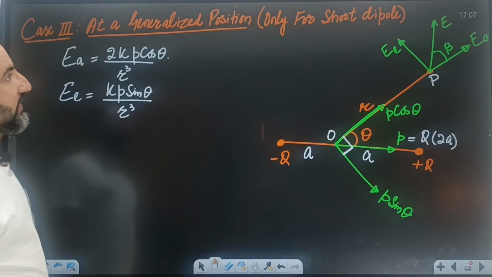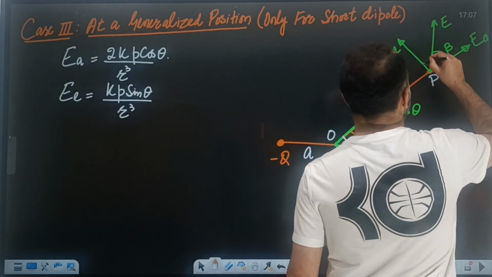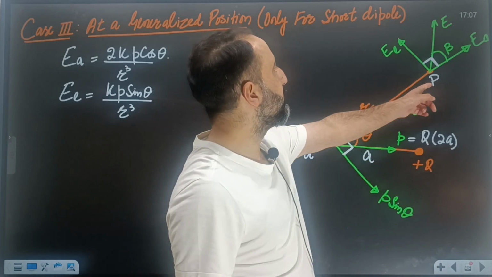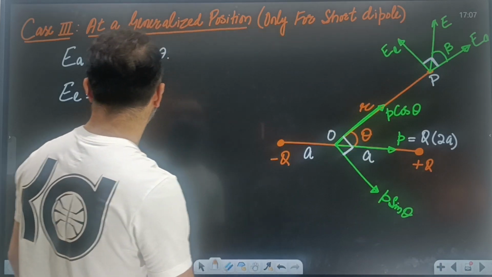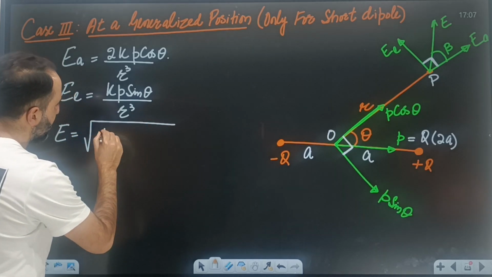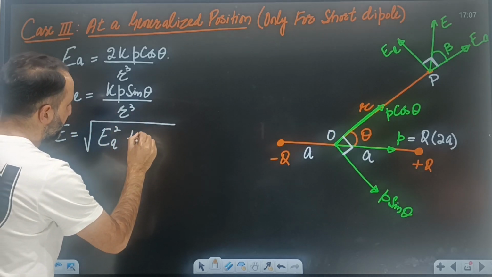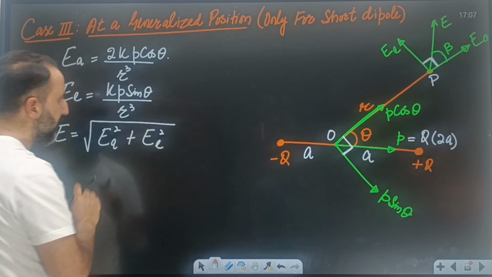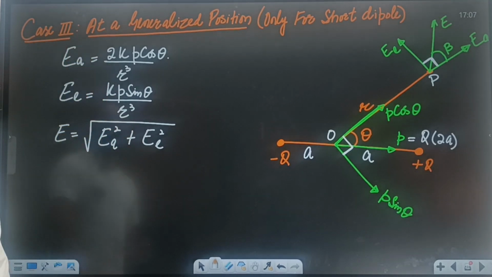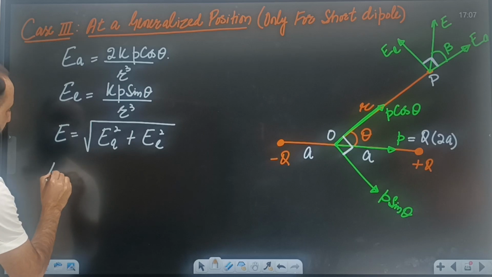Now the net electric field. See that these two electric fields, axial and equatorial, are mutually perpendicular. When they are mutually perpendicular, their resultant E will be equal to the square root of EA square plus EE square. This is the net electric field at point P. Now, what is common between these two?